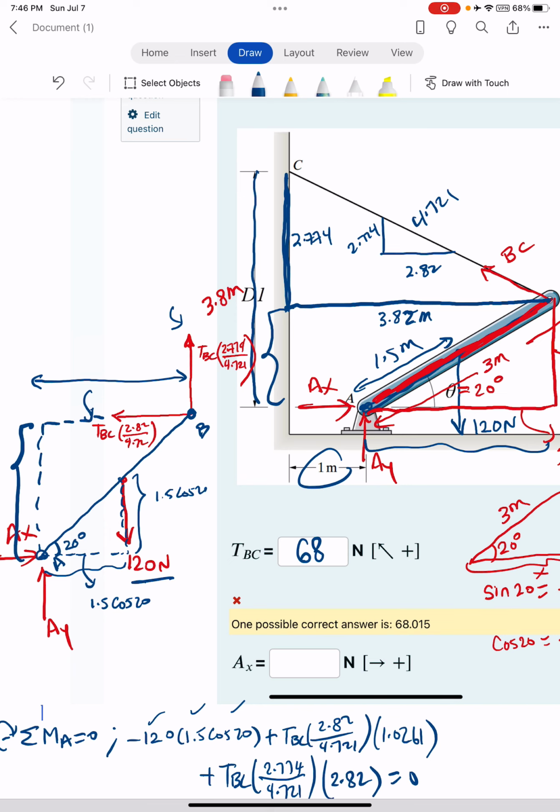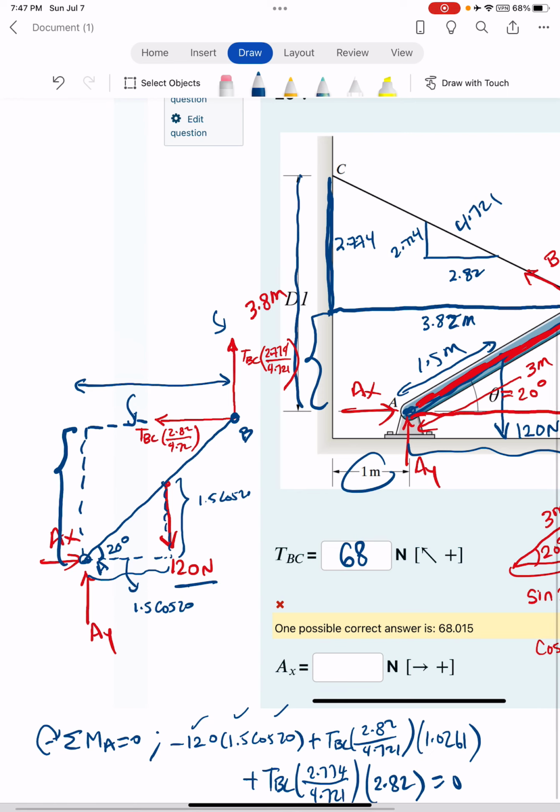Now let's do summation of forces in X equal to 0. AX minus TBC times 2.82 over 4.721. Well, we have TBC 68.